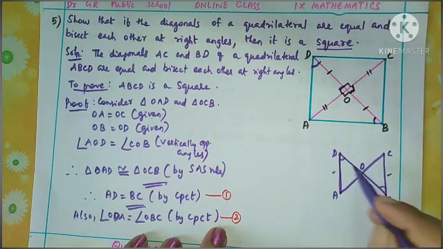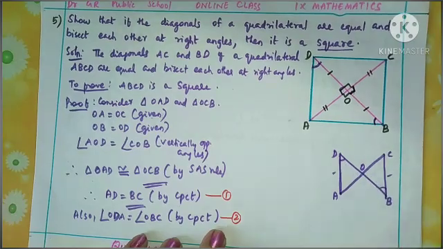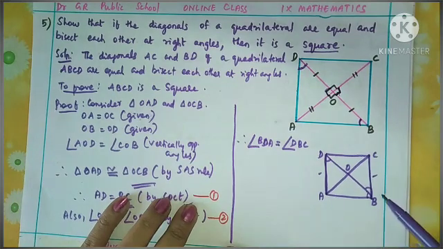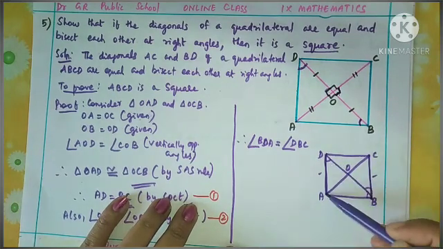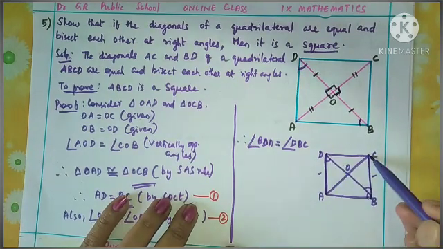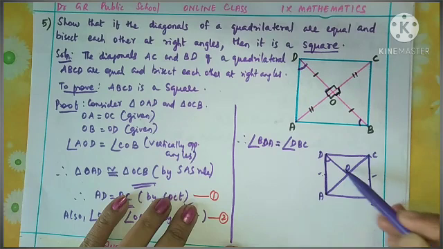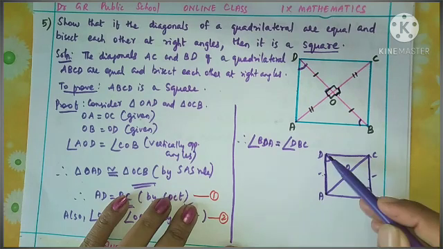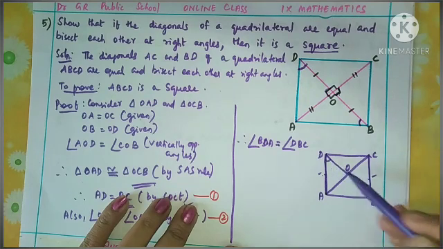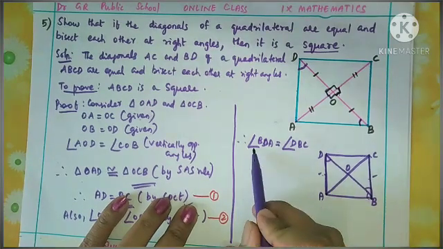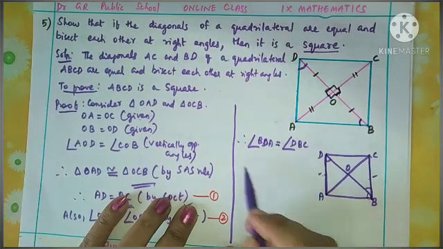Yes, so we proved they are also equal. So we can write angle BDA equal to DBC. If you take these two sides AD and BC, this BD acts like a transversal, and you know the alternate angles are equal, correct? So we got BDA equal to DBC.